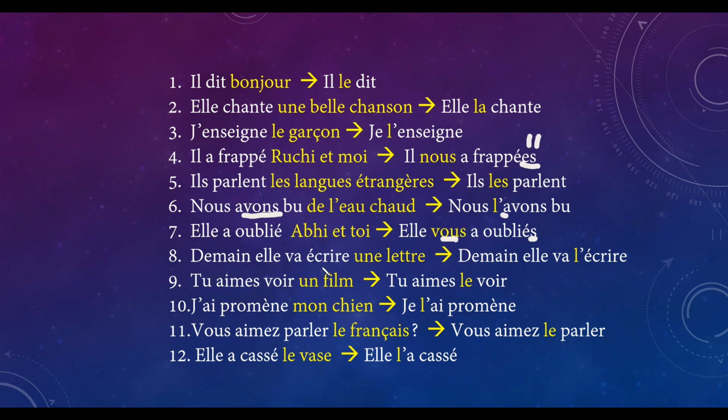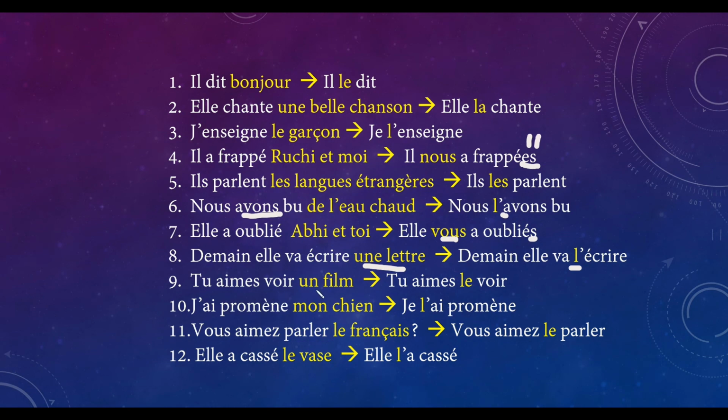Demain, elle va écrire une lettre. Tomorrow, she is going to write a letter, une lettre. Feminine, singular. Two verbs. It is placed between the verbs. Demain, elle va l'écrire, because it starts with a vowel.